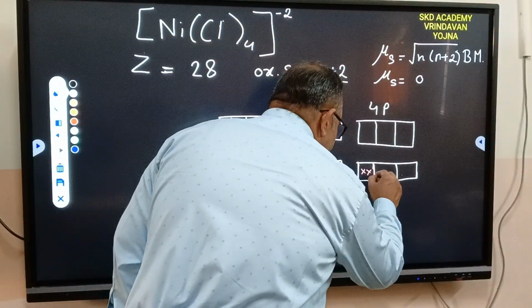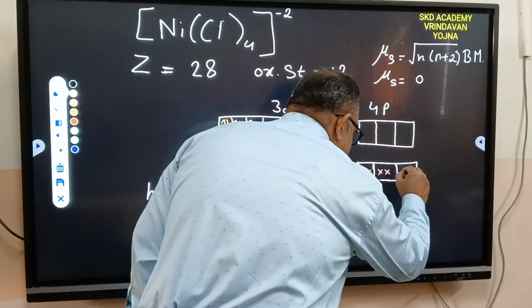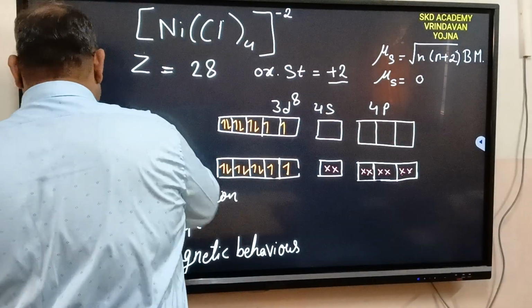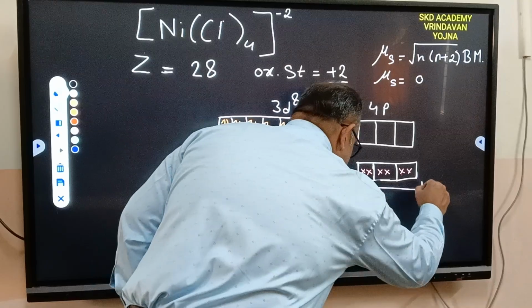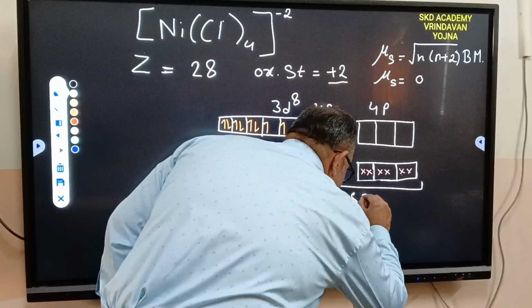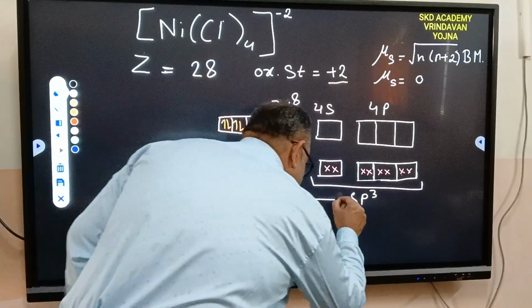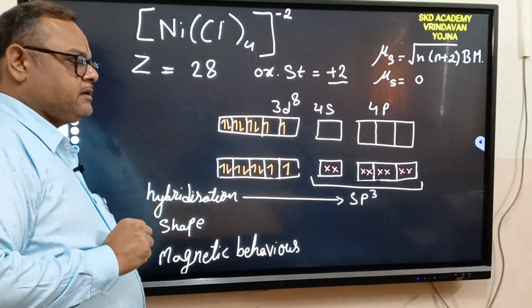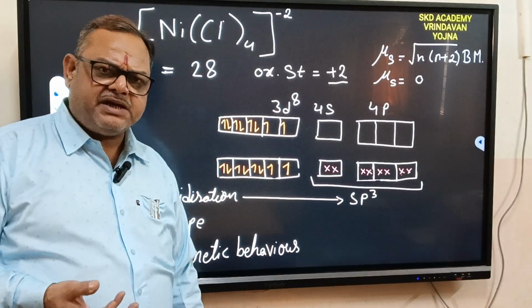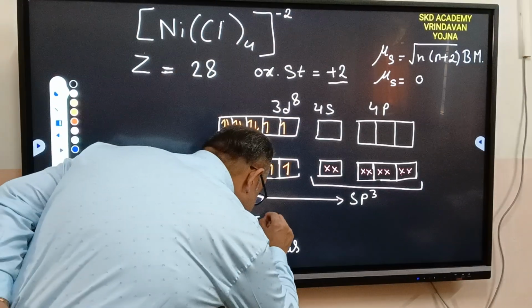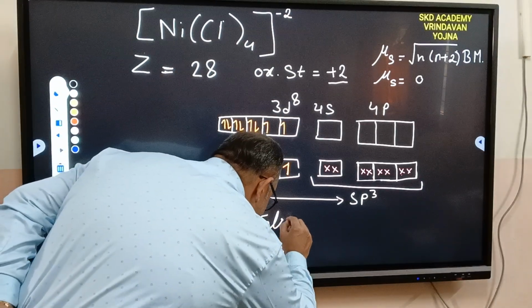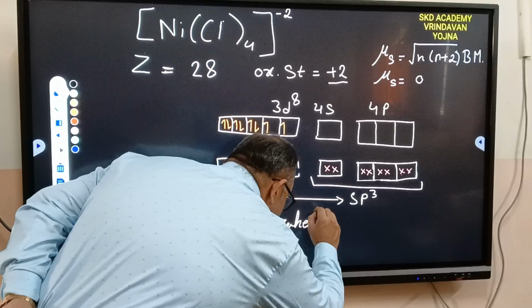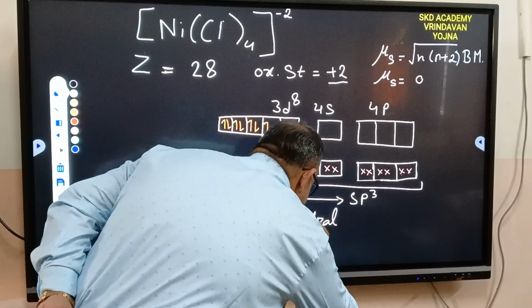So we are going to get the hybridization as sp3 again. Now hybridization being sp3, the shape will be tetrahedral again.